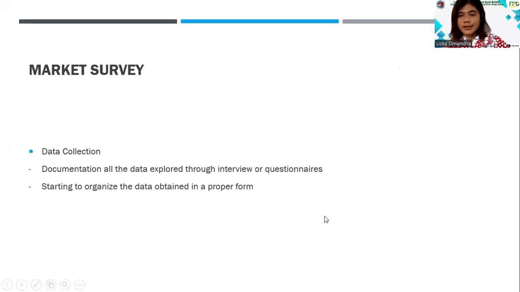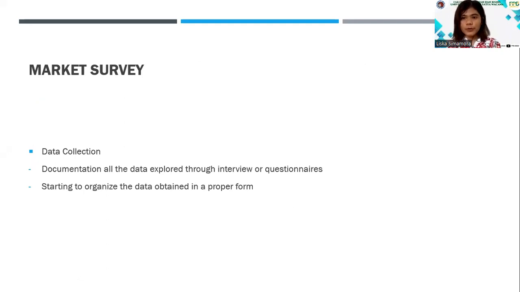Okay, we are in data collection. So the documentation of the data explored through interviews or questionnaires. We organize the data. Data collection is not just taking the questionnaire and keeping the transcript. In this data collection, we organize the data and explore it in good documentation.